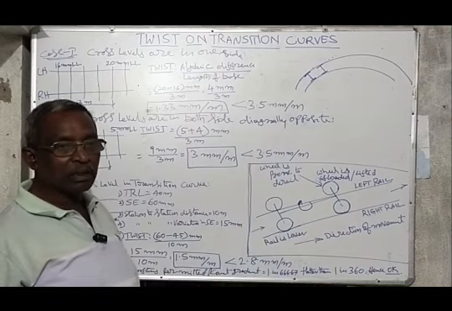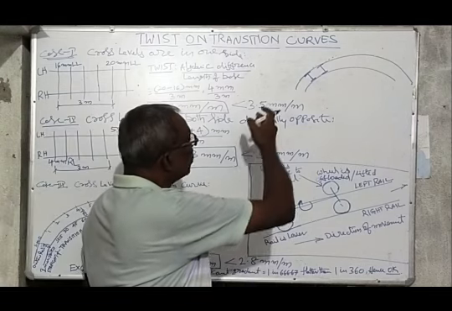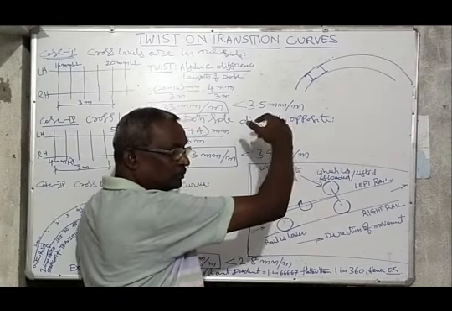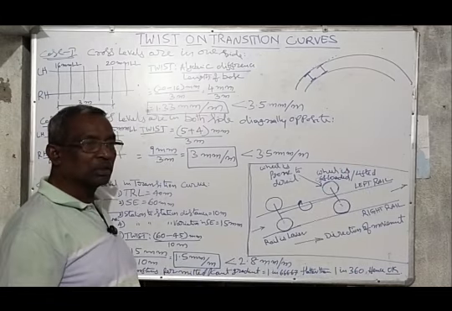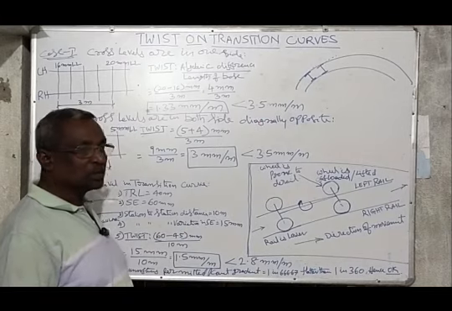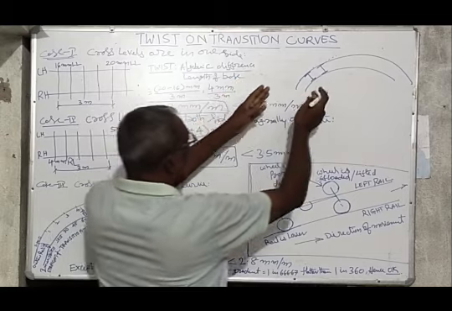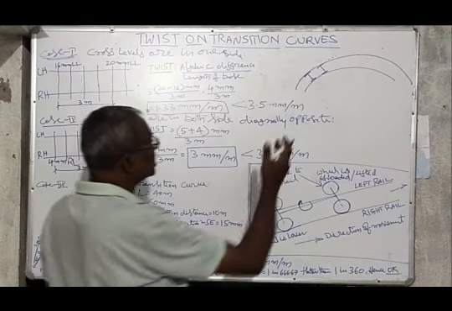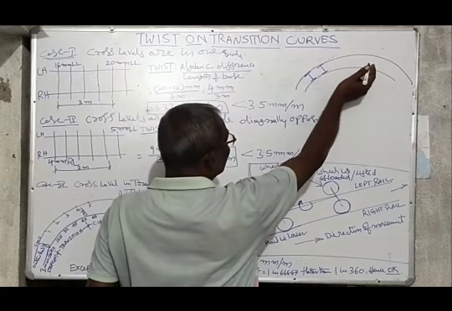That's why we apply grease on the outer rail gauge face to reduce the wear and tear. Of course, that will be discussed in upcoming videos. The wheel movement is always straight, but due to the curved track, it is guided by the wheel flange, so it is turning like this.